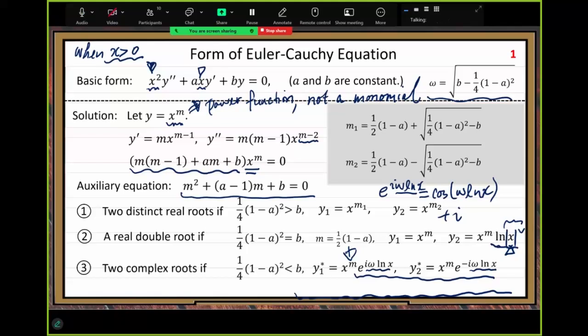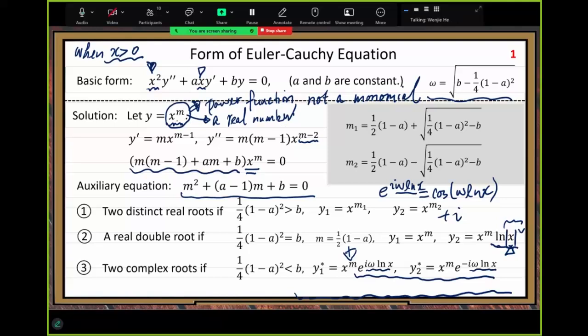Why? Let's look at this power function here, x to the m. Our m here is a real number, right? Even if it's negative, it would still have to be greater than 0.